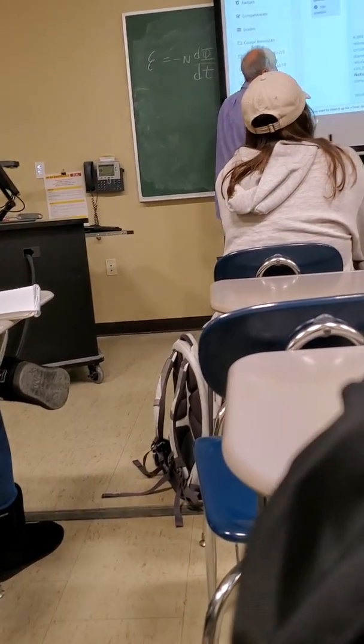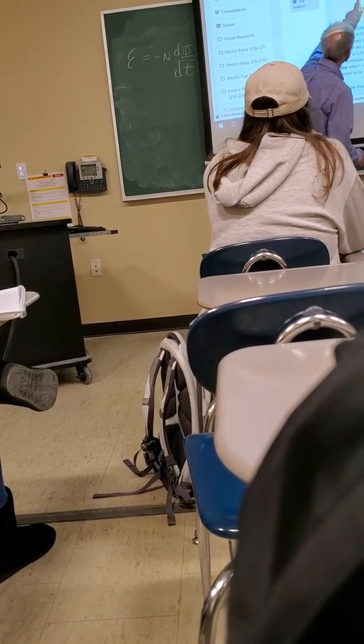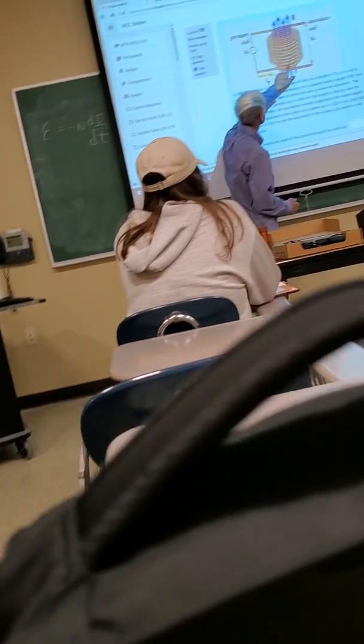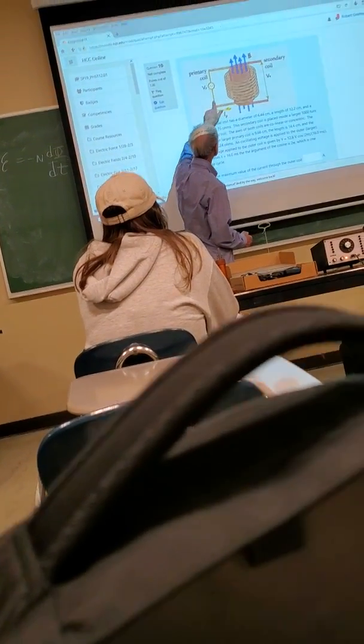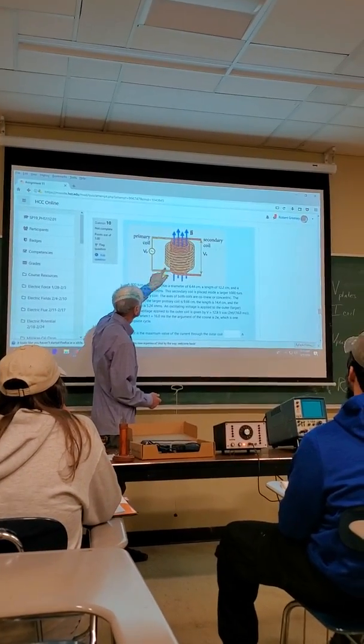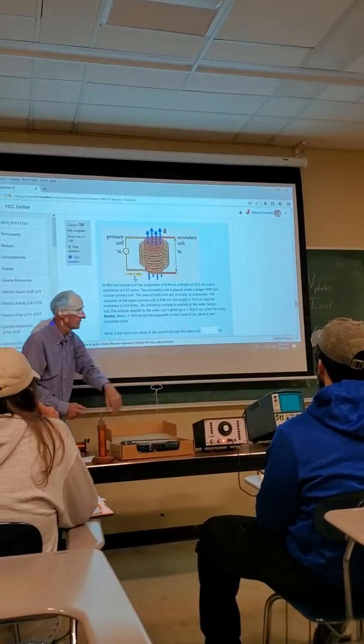So just like I'm showing you, there's an inner coil and an outer coil. The primary coil is where we're putting a voltage and a current in, and the secondary coil is where we're getting the output.